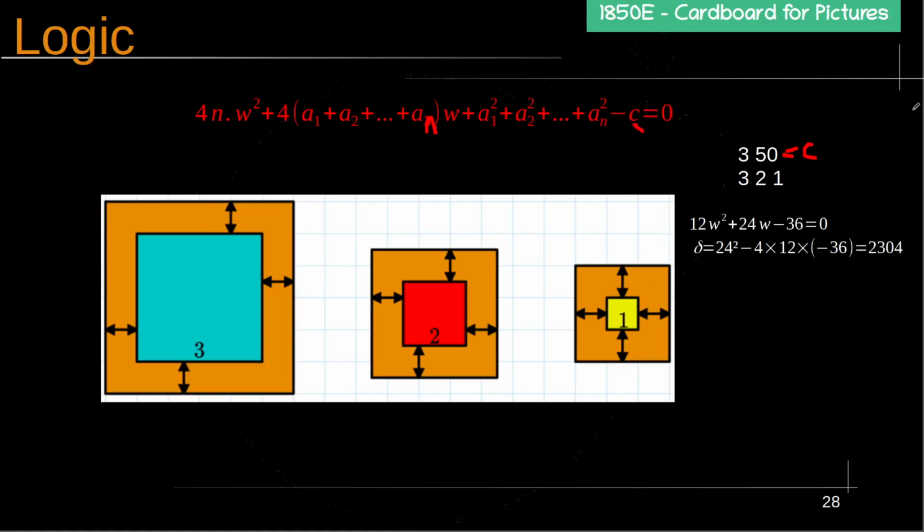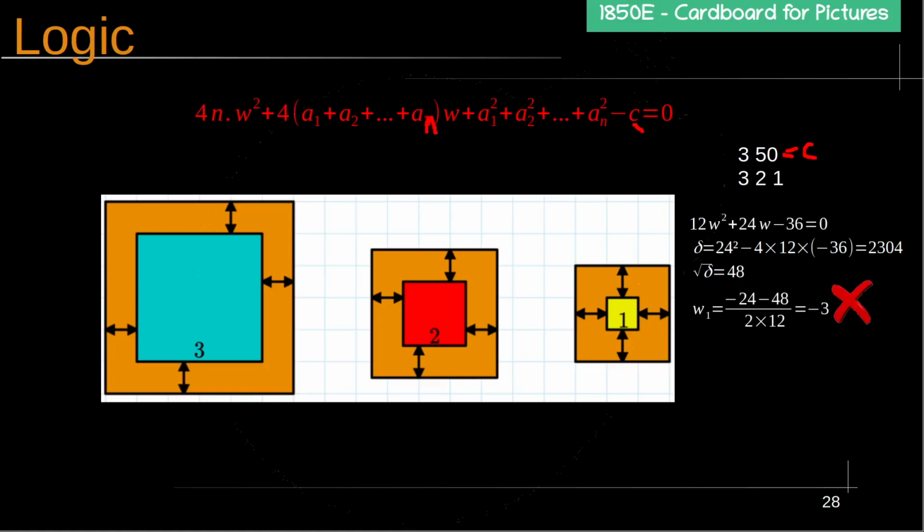So we can resolve this. We compute delta, which is b squared minus 4ac, then the square root of delta. We have 2 solutions here because delta is positive. W1 is equal to minus b minus the square root of delta over 2 times a, which is equal to minus 3.